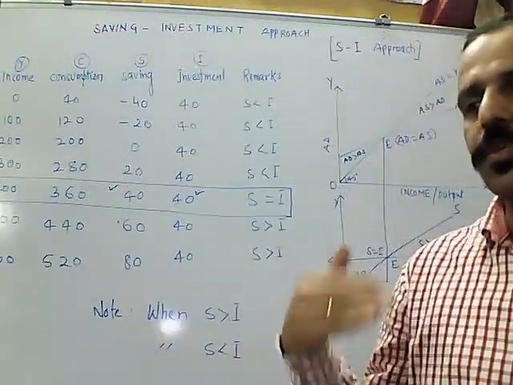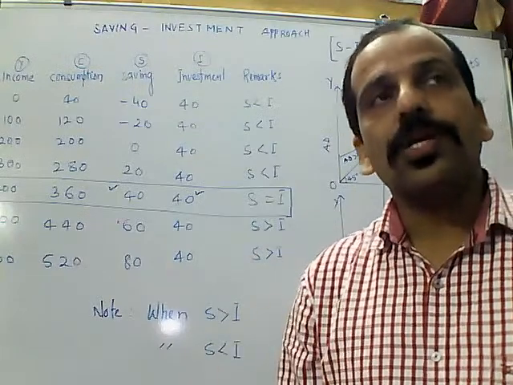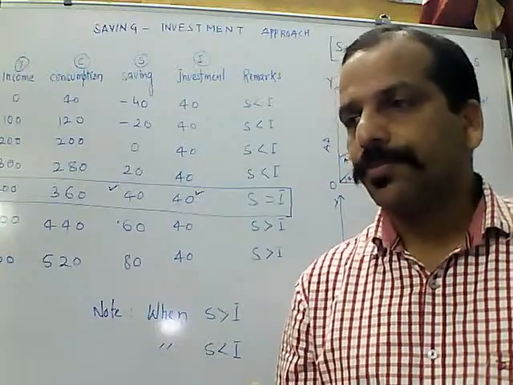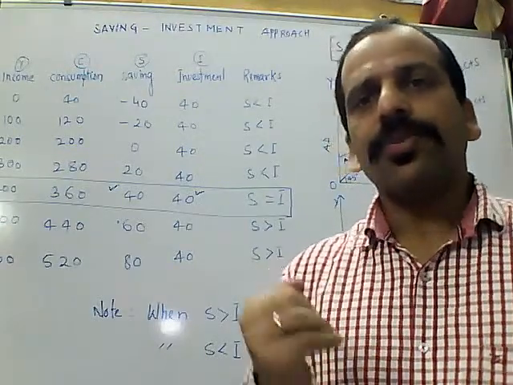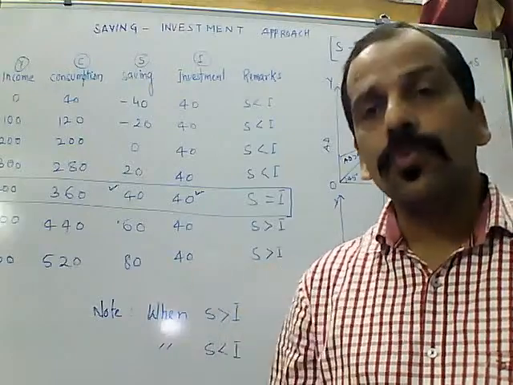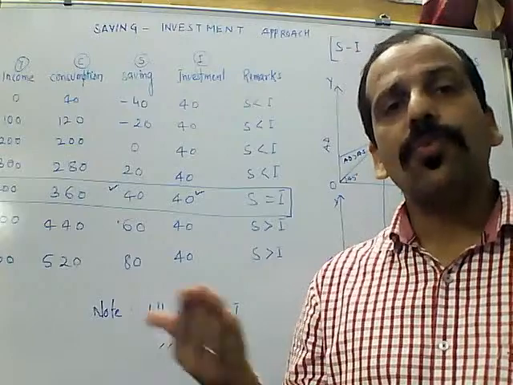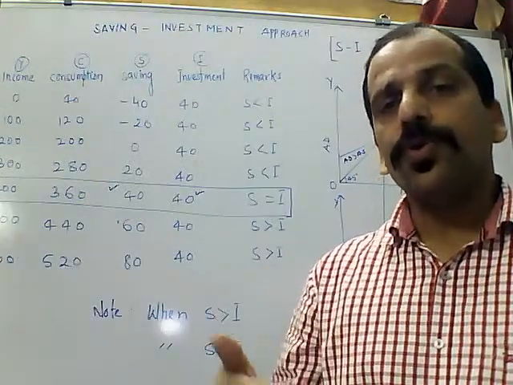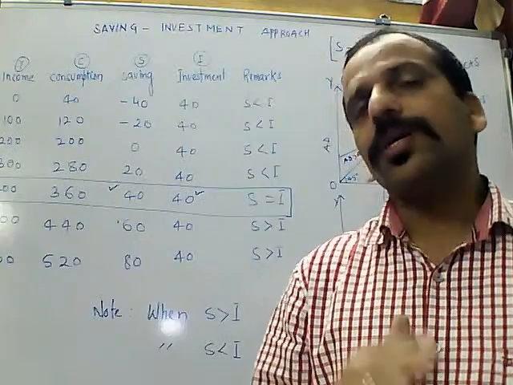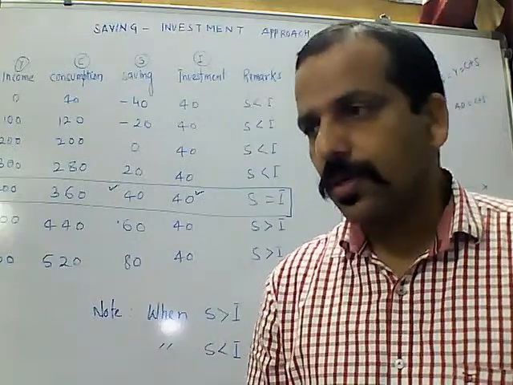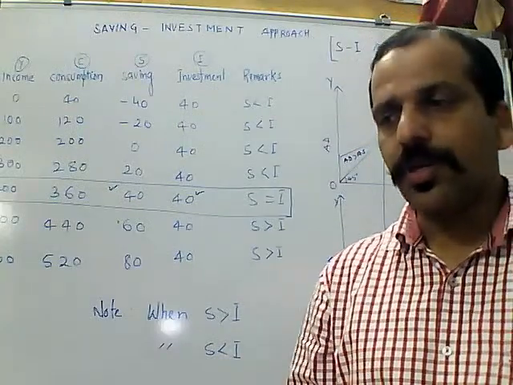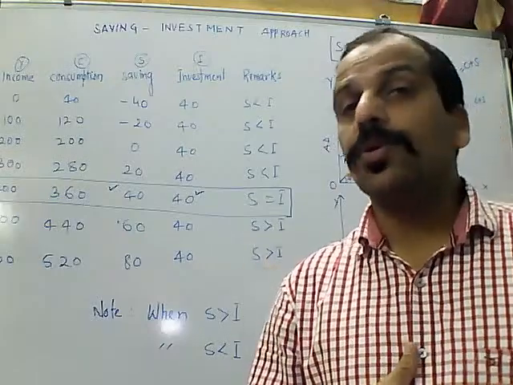If savings are less, consumption is more, which means demand is more, so the producer has to produce more. To produce more of the same goods, he should recruit more workers, so there will definitely be an increase in employment opportunities.